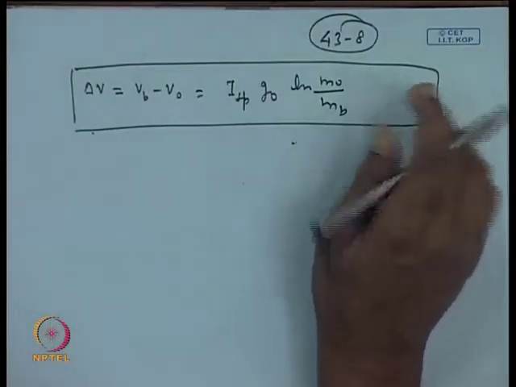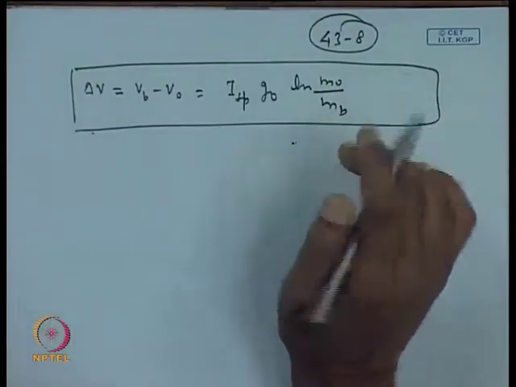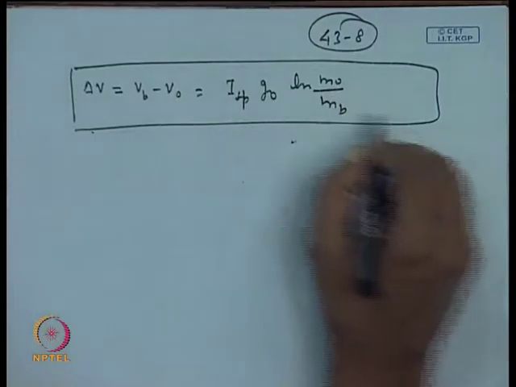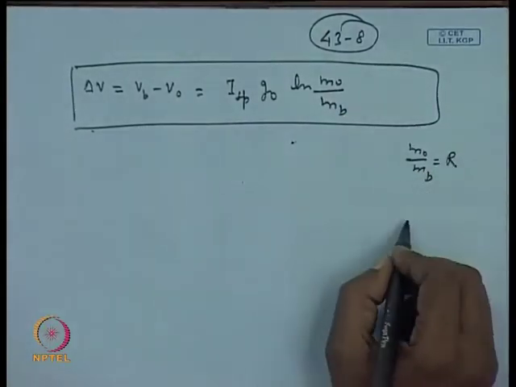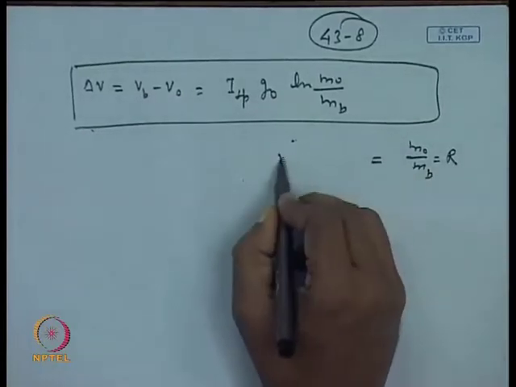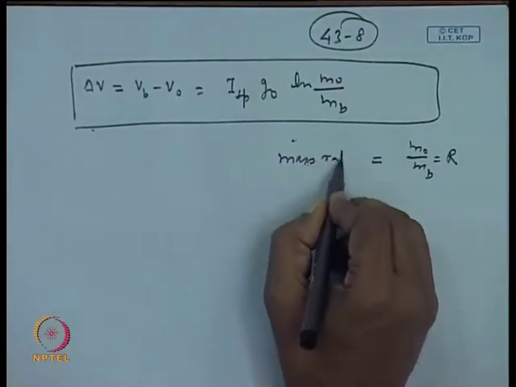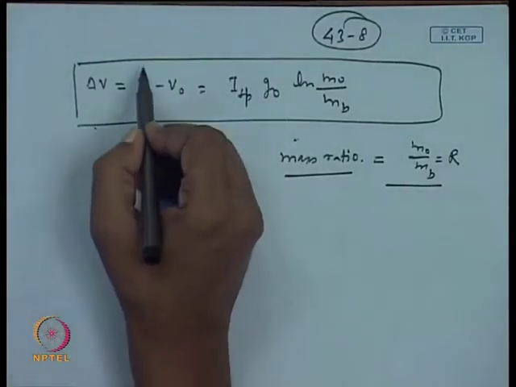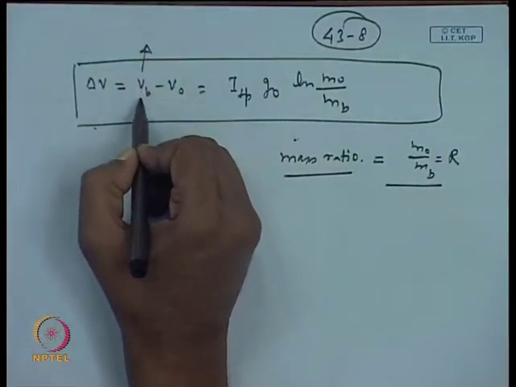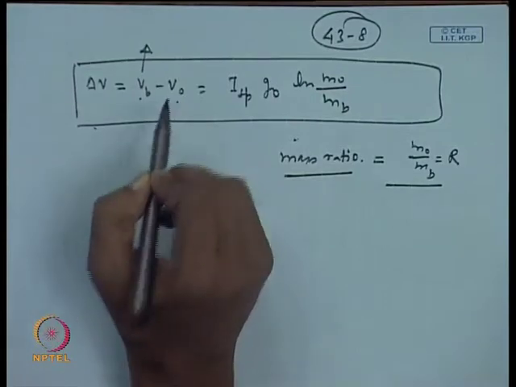Okay. For the time being, just forget the other terms and look into this. m 0 by m b, this we write as R, and this is called the mass ratio. V b is larger at the time of burnout, and V 0 is the initial velocity.